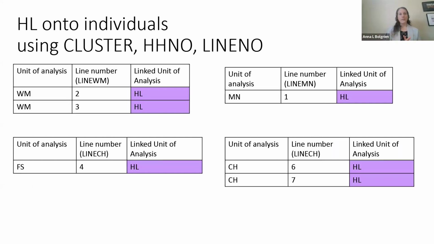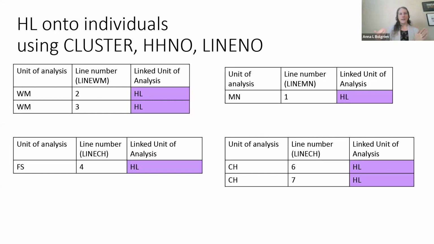Like the household, you can also link the household member to themselves on the different units of analysis. So this looks like information on the woman unit of analysis. You can add on additional information about that woman from the household member unit of analysis.